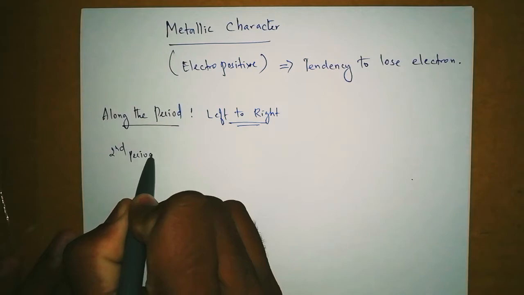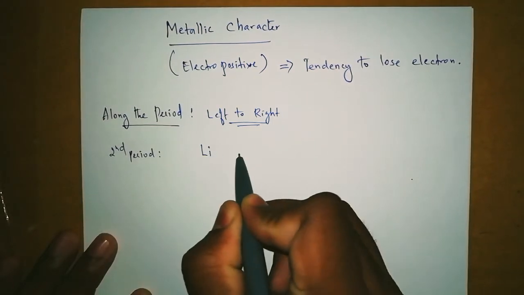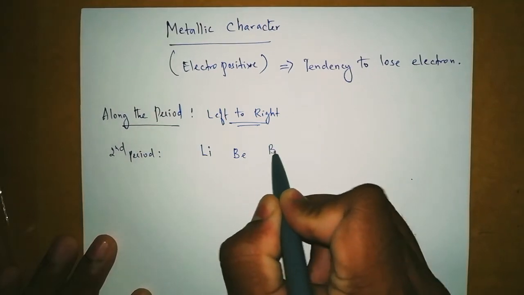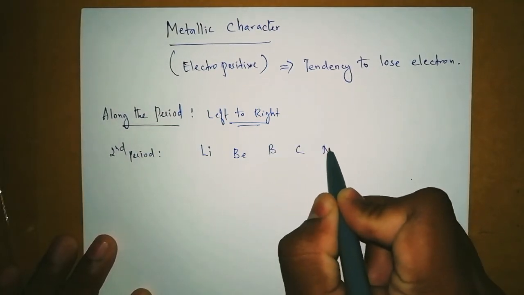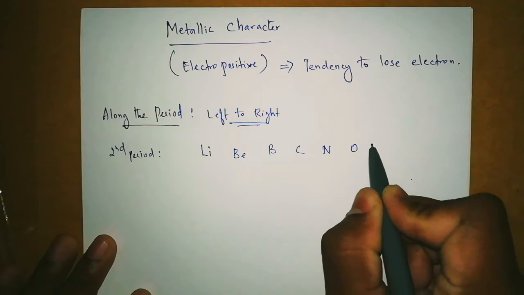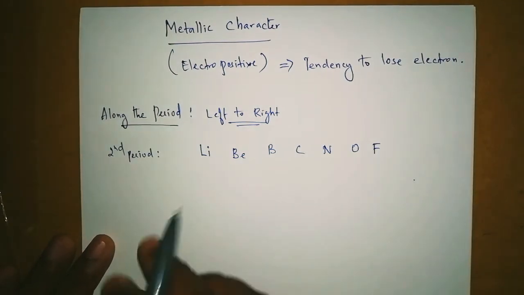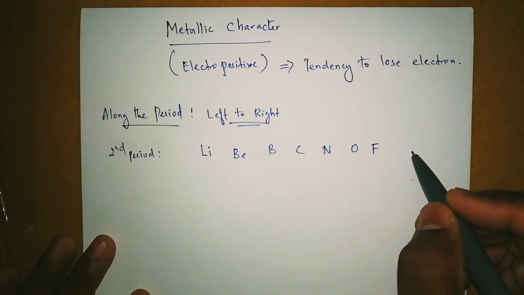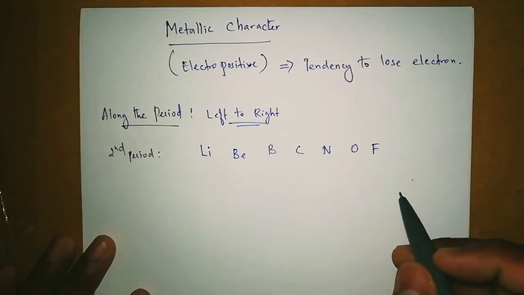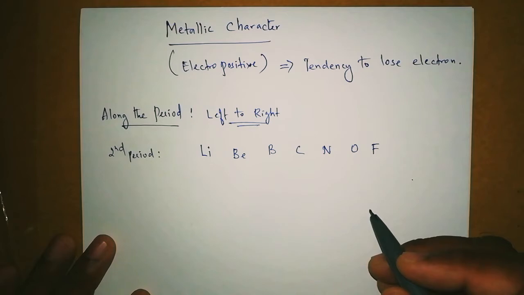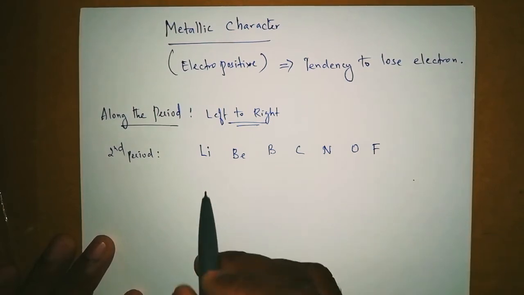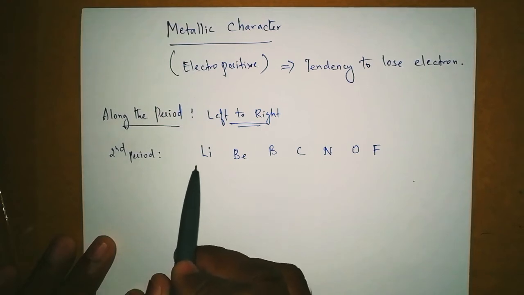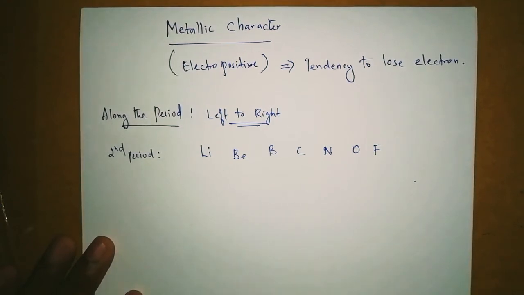We'll start from lithium, then beryllium, boron, carbon, nitrogen, oxygen, and fluorine. Even neon is there, but this is enough for us because neon never participates in chemical reactions. So how do these elements behave from left to right?